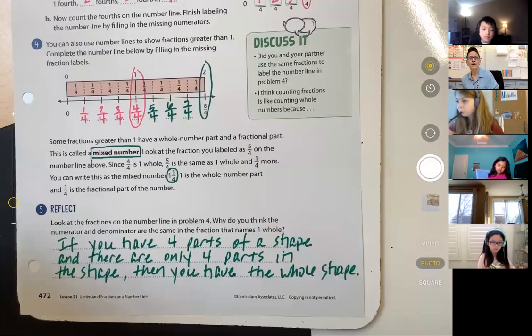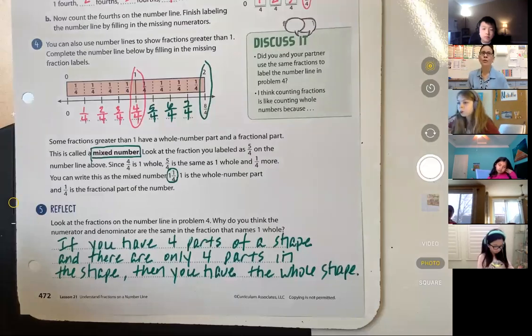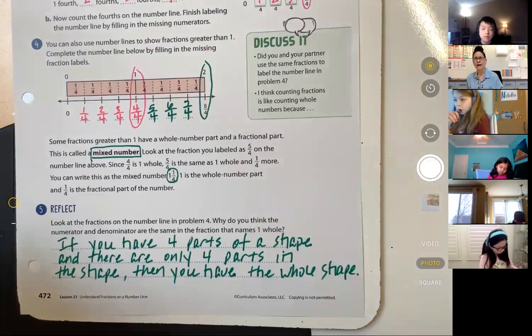If you have 4 parts of a shape and there are only 4 parts in the shape, you have the whole shape.